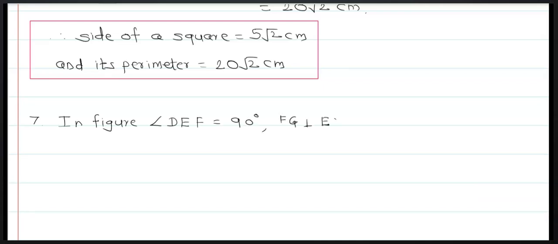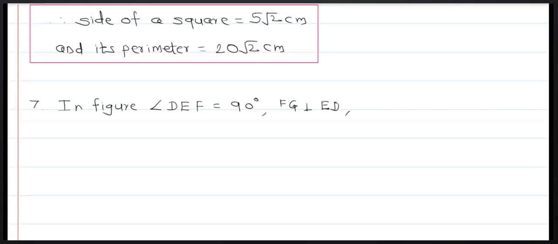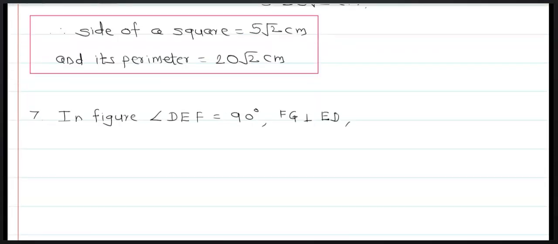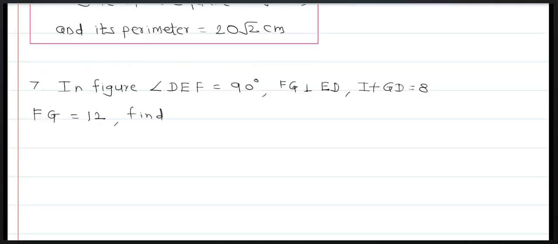In the figure, angle DEF is equal to 90 degrees. FG is perpendicular to ED. If GD is equal to 8, FG is equal to 12, then find EG, FD and EF.